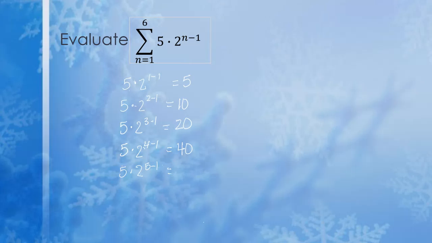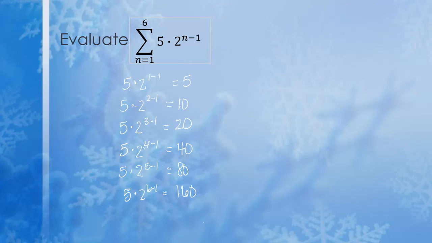So 5 minus 1 is 4. And I get 80. And then 6. 6 minus 1 is 5. 2 to the 5th power is 32. Times 5 is 160. And I'm done because I have my 6 terms.